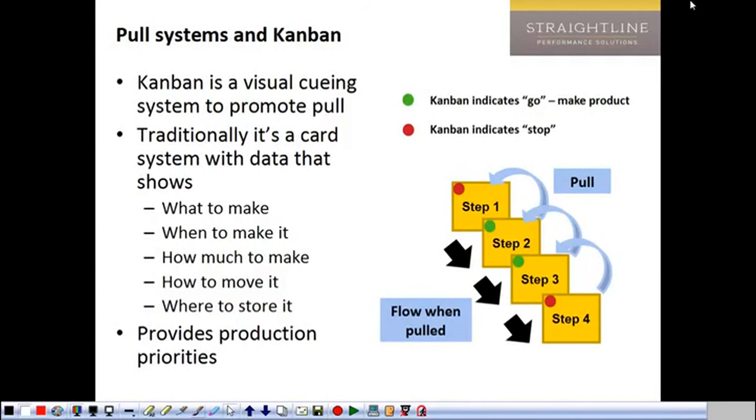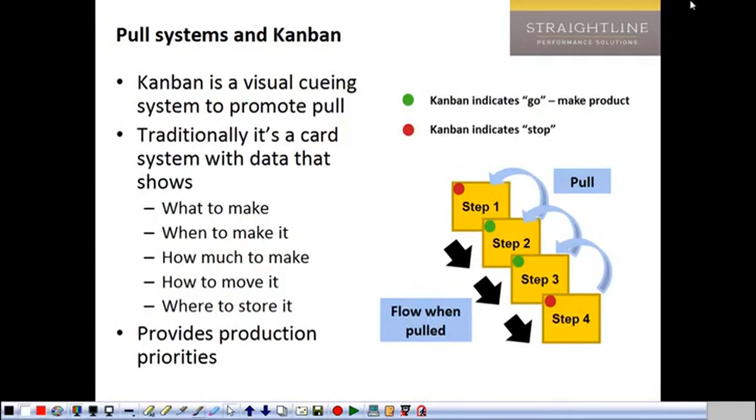You can regulate inventory, you can regulate how often things are done, and so forth. So that's all it really is. When I did it, it was a card. In many cases, it's a pull system with cards, and I believe the Japanese word literally means card.